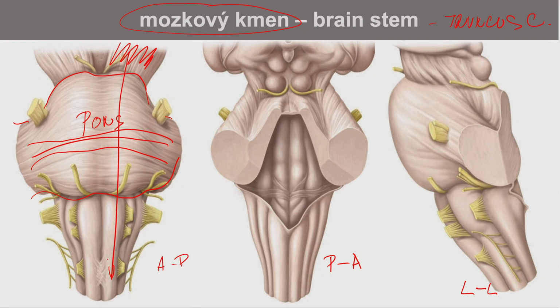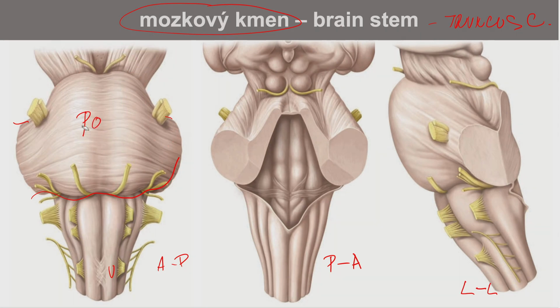So this is a pons. Pons is very easy to see on the brainstem, and this anterior surface is facing the skull base at the part which is called clivus.